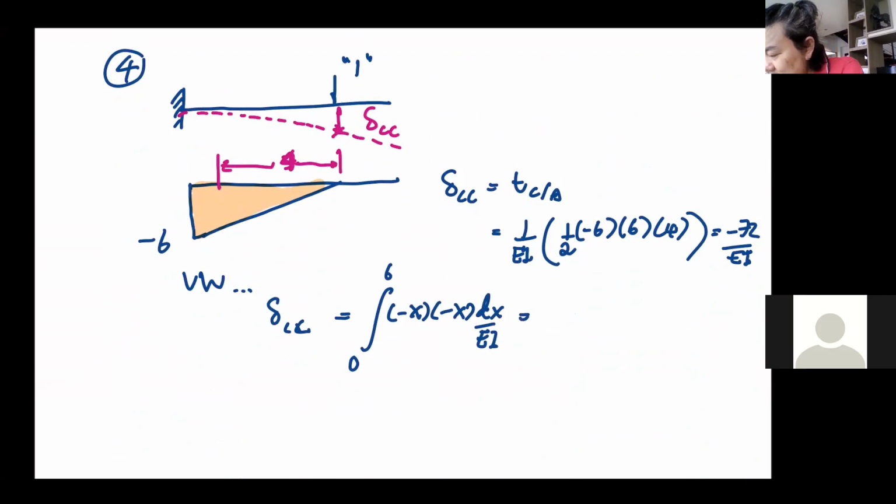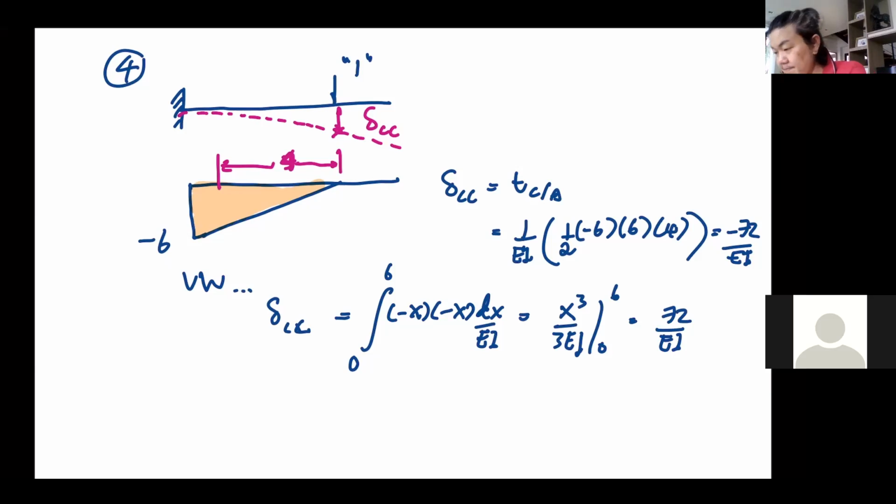Very easy to calculate here: x cubed over 3EI from 0 to 6. That's 72 over EI as well. So it's the same number. All right. So now we have this.